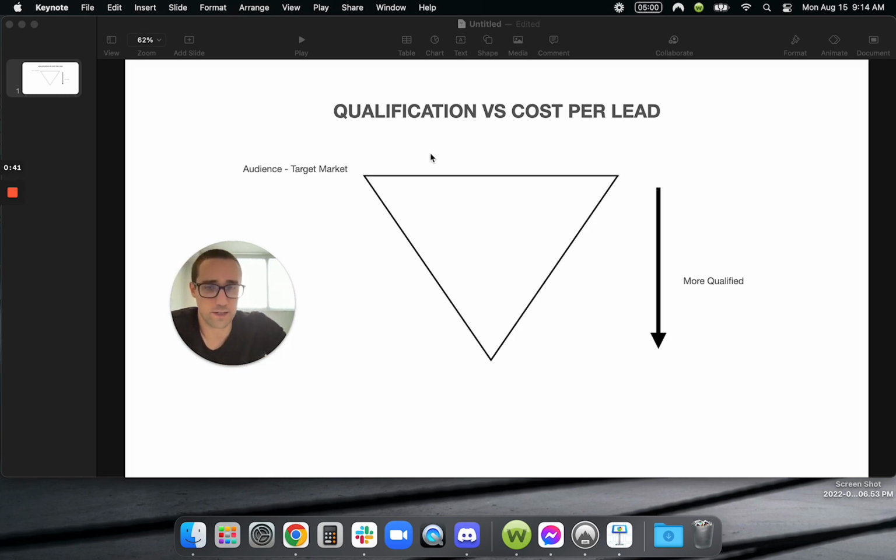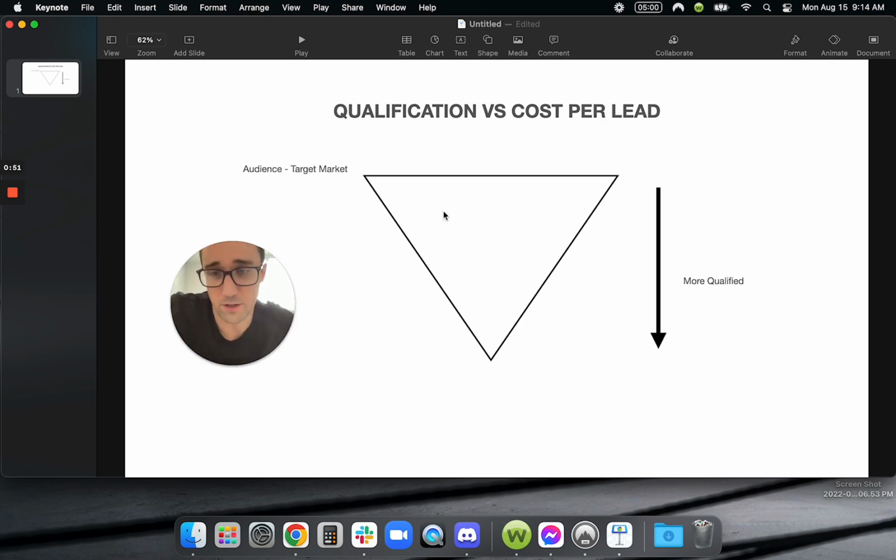So the way that I look at it is, let's say that this is representative of a funnel, right? If you cast a wide net in any given target market, that's what this wider area represents up here. And over time, as you qualify more, you're going to narrow that down more and more to try to just get the people that you want down at the bottom, right?